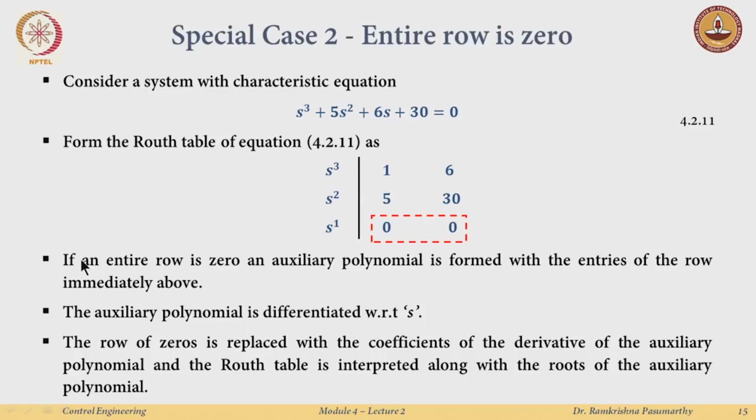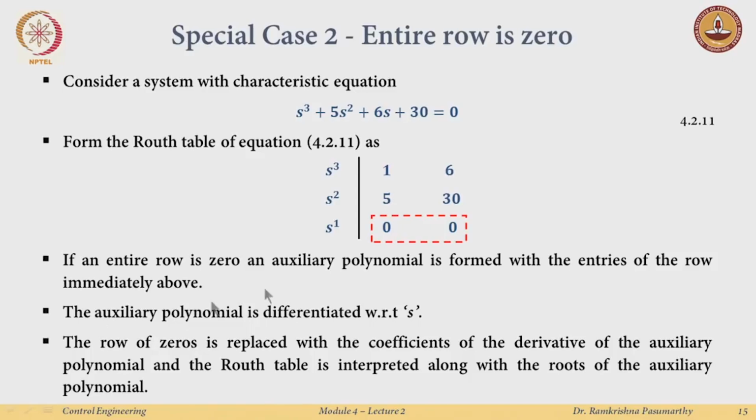We be a little more careful: if an entire row is 0, we form something called an auxiliary polynomial with the row immediately above this guy, right. So, this is s^1, and I form a polynomial with this row s^2, which has entries 5 and 30. Okay.